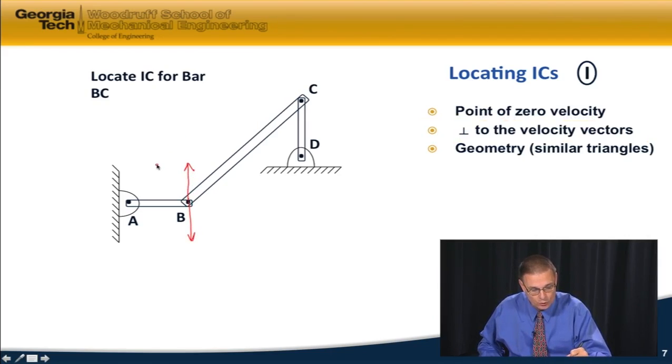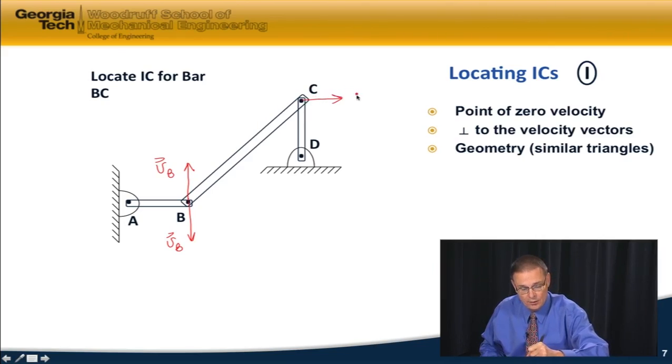It's restricted to those directions at that instant in time. And the velocity of C, since CD is also a rod, C can only go left or right. So velocity of C is restricted to go left or right.